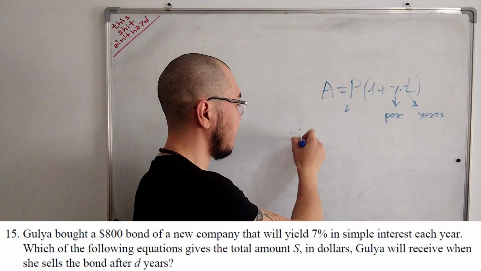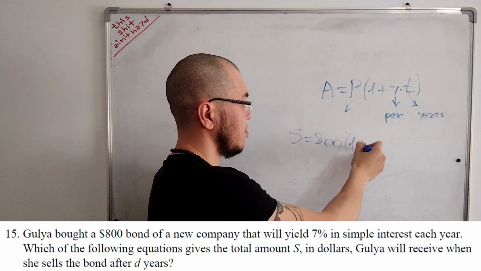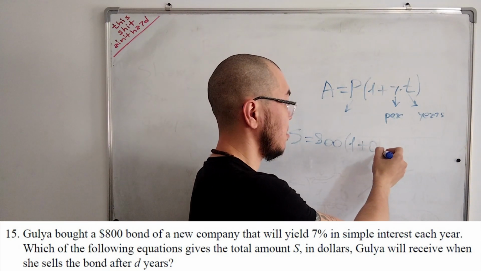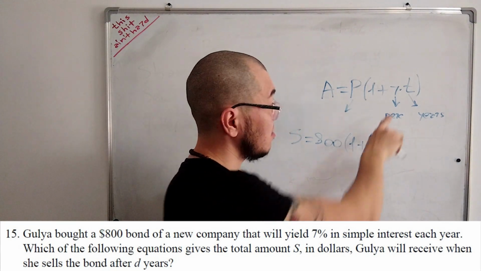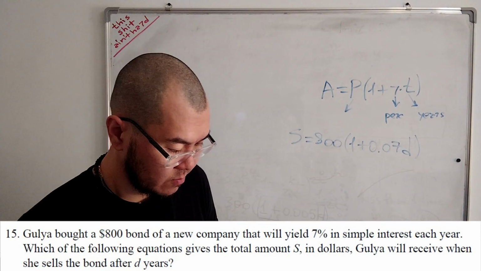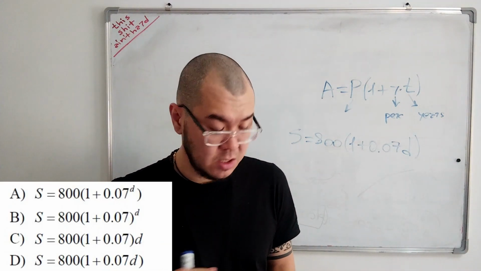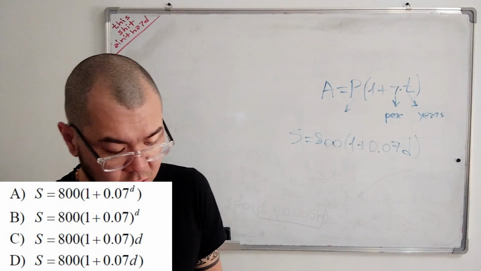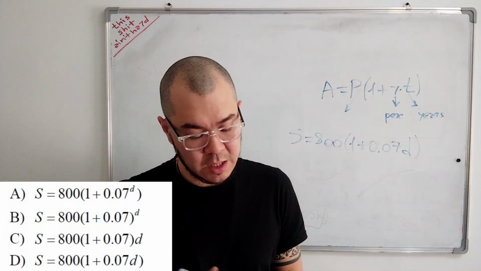So S equals 800 times 1 plus how many percent? 7%, so it will be equal to 0.07 times D. So the answer is D. Pretty easy, guys, pretty easy. There is nothing to calculate or solve, just knowing the formula gives us the correct answer.